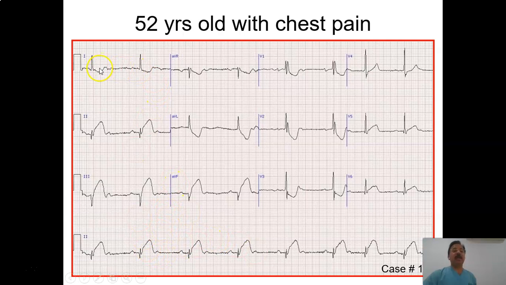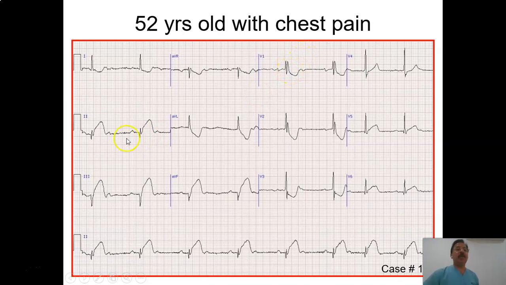Then comes the axis. Lead 1 is positive and AVF is negative, so left axis deviation. No atrial hypertrophy and no ventricular hypertrophy. Bundle branch block: this looks like an RSR pattern, but it's not very wide, so maybe this is a partial right bundle branch block, question mark.